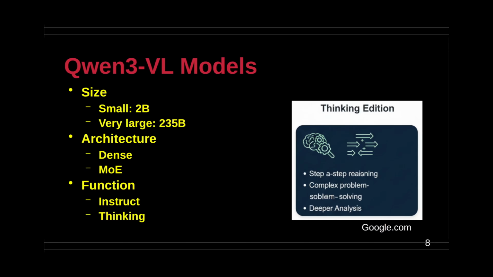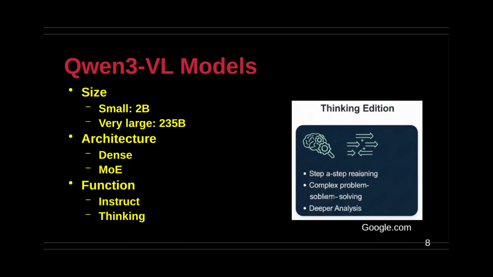The impact is that larger models generally offer superior accuracy and deeper reasoning abilities, while smaller models are faster and can run on less powerful hardware like consumer GPUs or even CPUs.